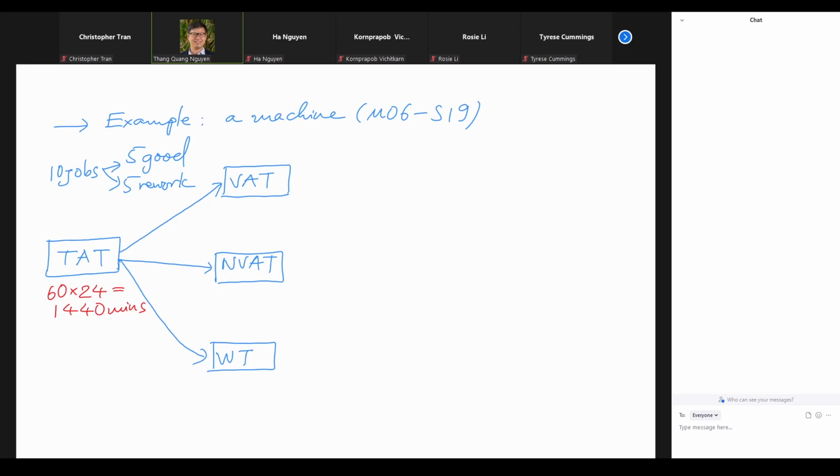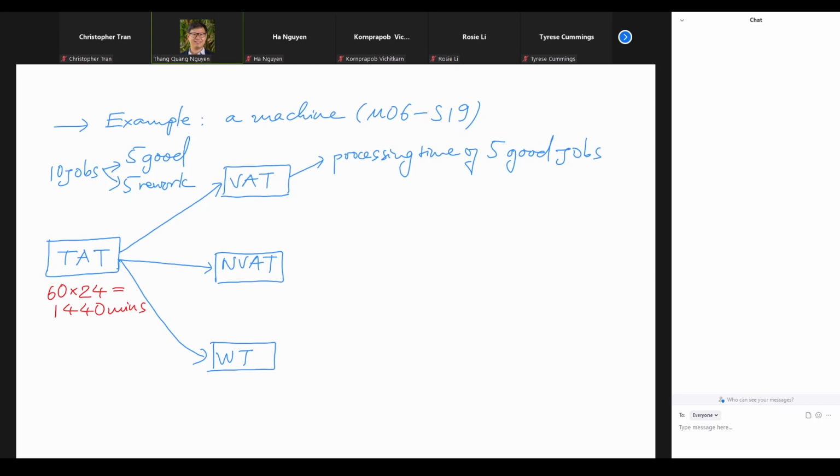The value added time is the following. First of all, it is a processing time of the five good jobs. Processing, for example, we cut a piece, we drill a hole, we put the two parts together, we weld the two parts together, right?